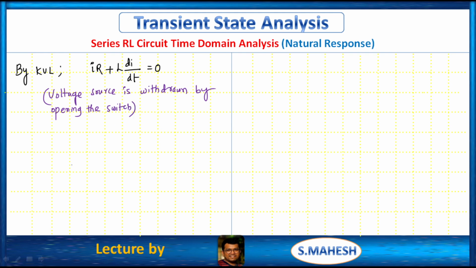So from that we have di by dt plus I into R by L equals 0.